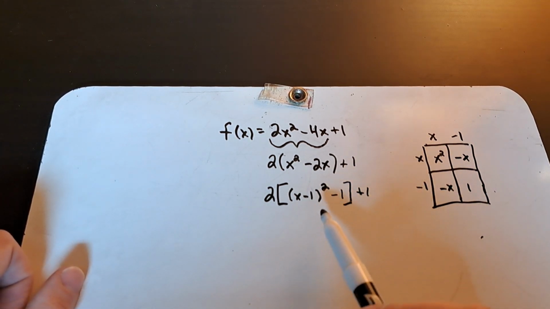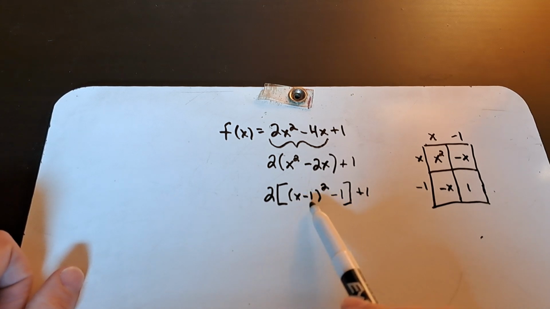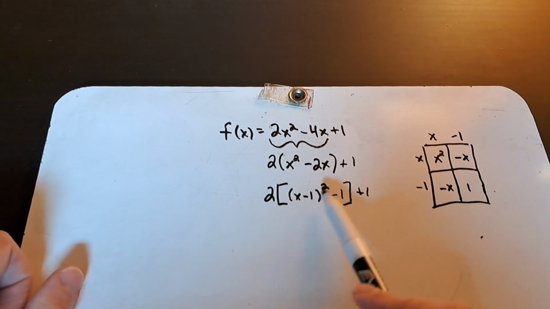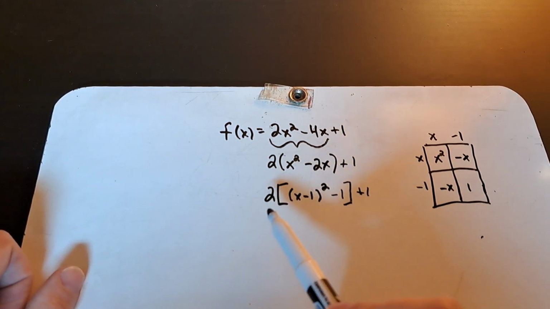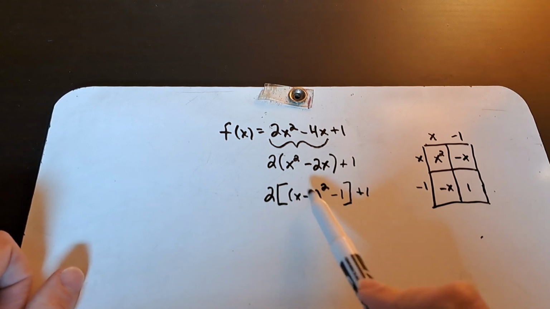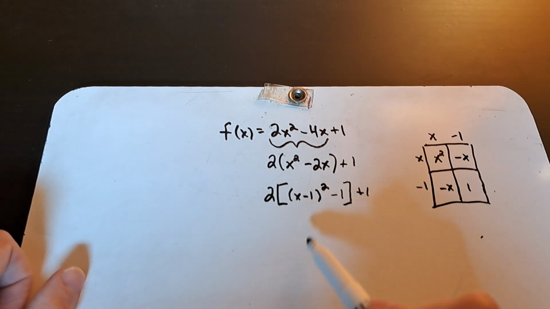Okay, so I got this in this form for a reason. So I don't want to expand that back out again, or it's just going to get me back to here. But what I can do is multiply this 2 into each term of this expression.